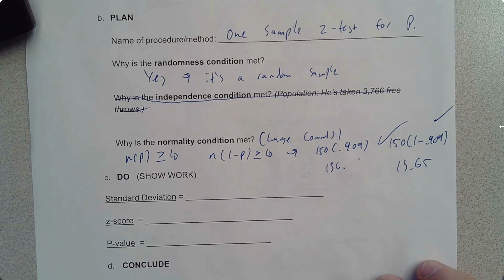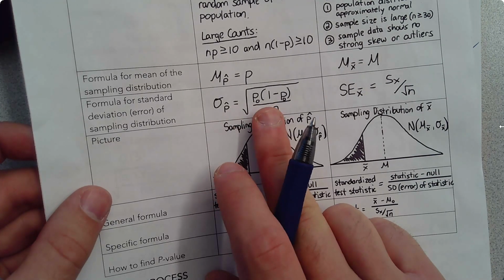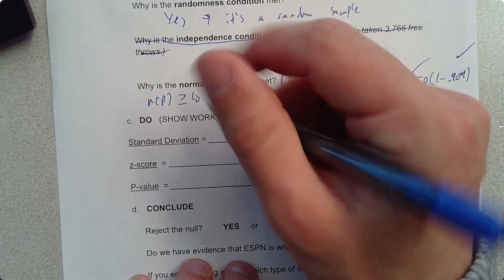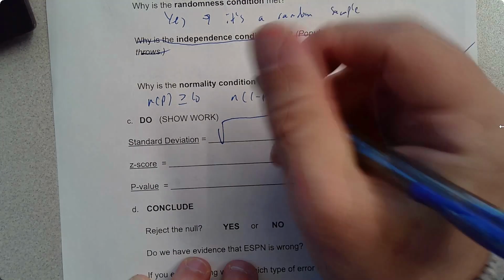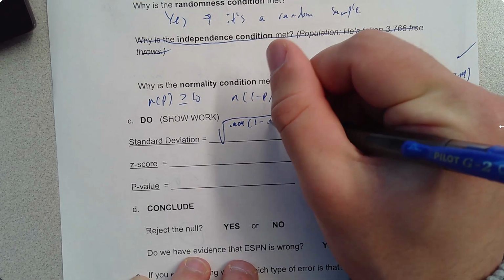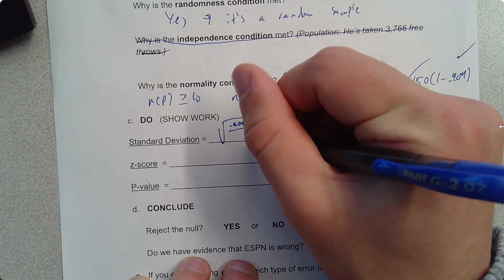All right. Standard deviation, getting this from the table, is right here. This is the standard error, so it's the square root of p, which is 0.909, times 1 minus 0.909, over n, which is 150.